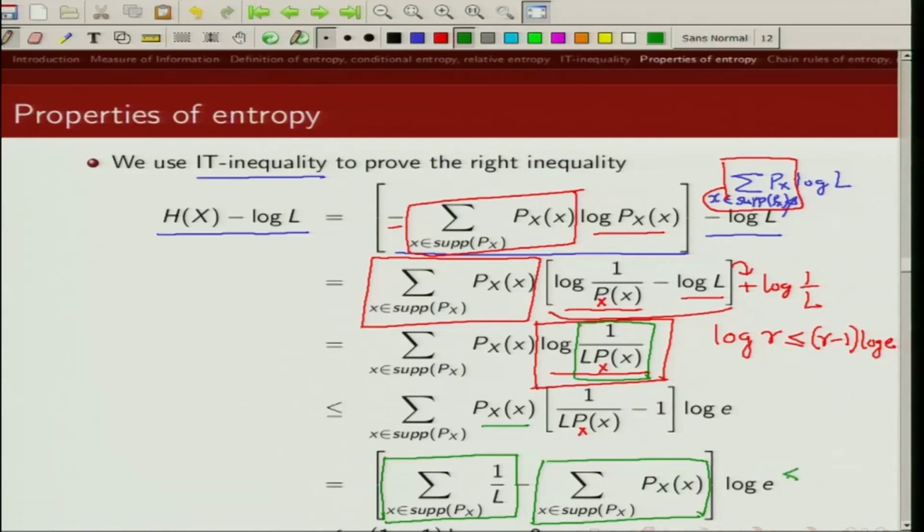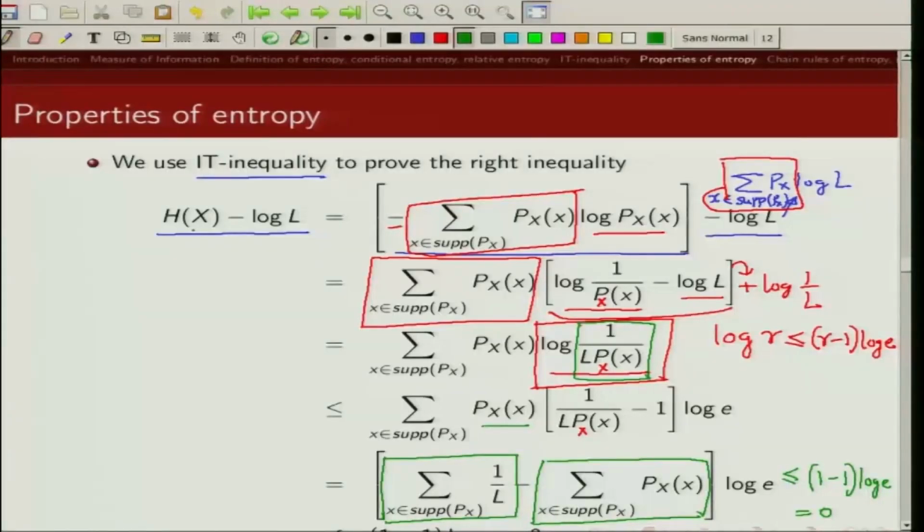So this is less than or equal to, this term will be r minus 1 log of E, which is basically 0. So what I have shown here is H(x) minus log of L is less than or equal to 0. In other words, H(x) is less than or equal to log of L.